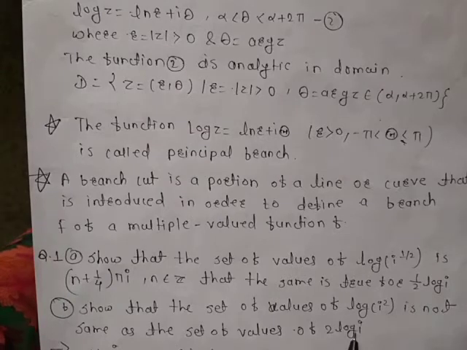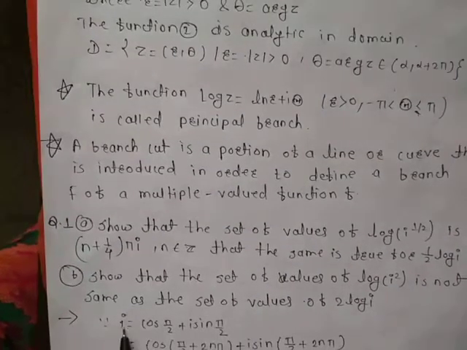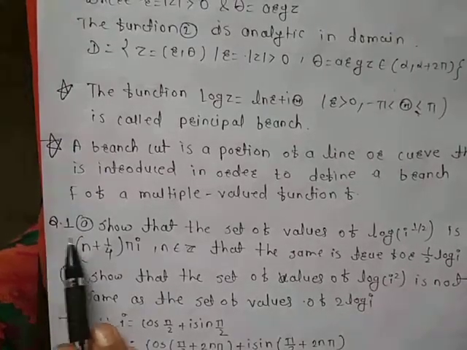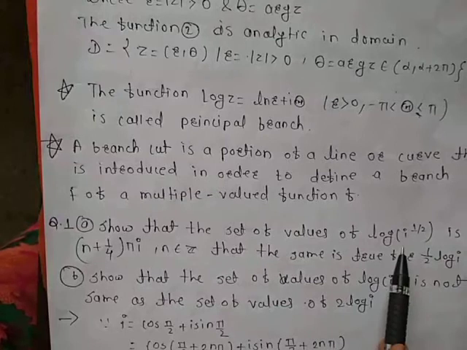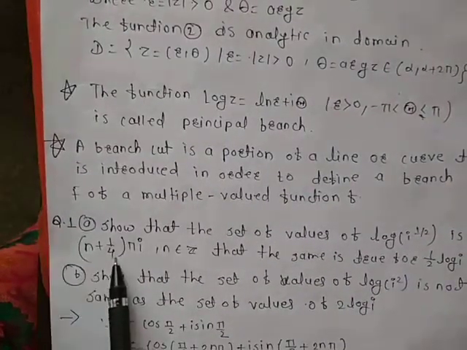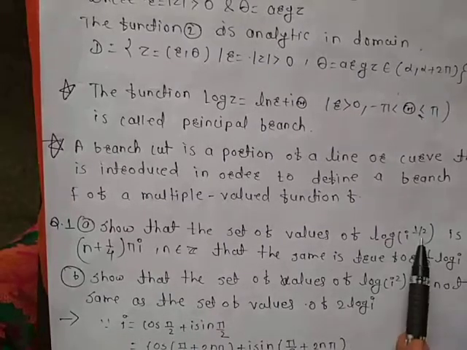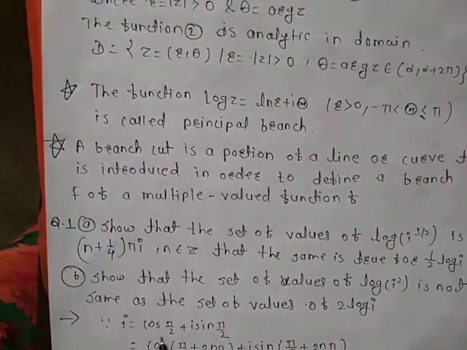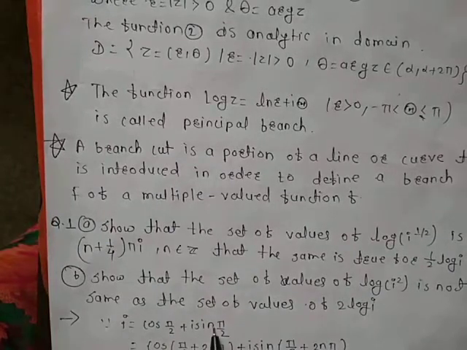Okay. So in part A we have to show that log of i raised to 1 by 2 is equal to (n plus 1 by 4) pi i. Now we think about i. i can be written as cos pi by 2 plus i sin pi by 2.